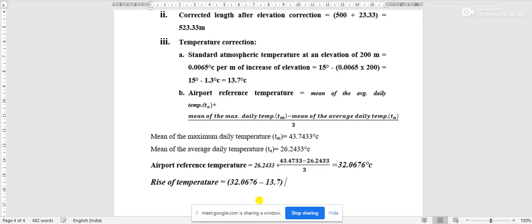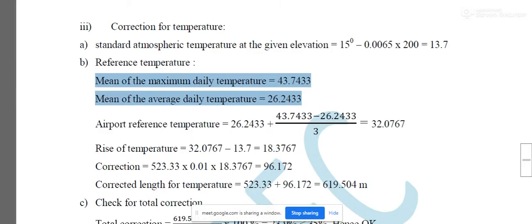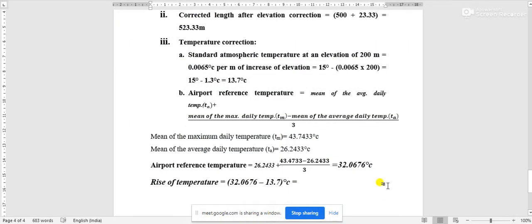This is the rise of temperature from the standard atmospheric temperature at that airport area to the airport reference temperature. This much of degrees Celsius, and that is equals to 18.3676, I think, this much of degrees Celsius.